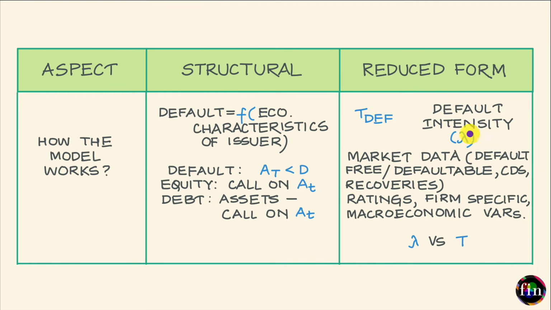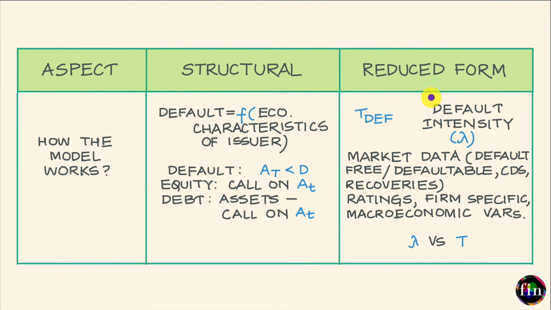Okay, so when you take this lambda and you properly time scale it, it will give you the conditional probability of default over the upcoming tiny time period, conditional upon survival till the current time. Okay, how do you get this lambda?